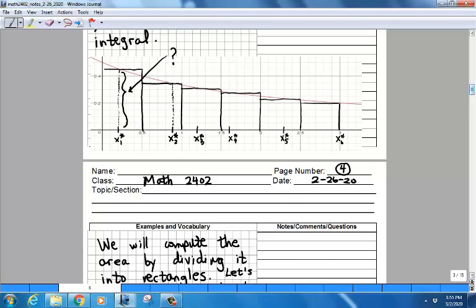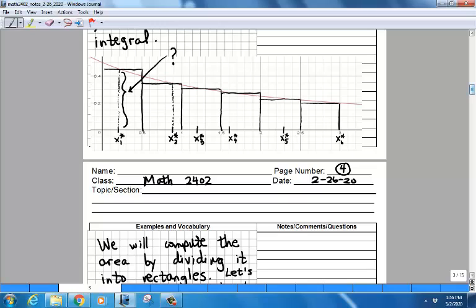Now, I'm going to use that to help me compute the height. How? Starting wherever I pick this x1 on the x-axis, I'm going to draw up to the curve, and that's going to be the height of my rectangle. Remember, you just pick that anywhere between 0 and 0.5, and draw up to the curve.